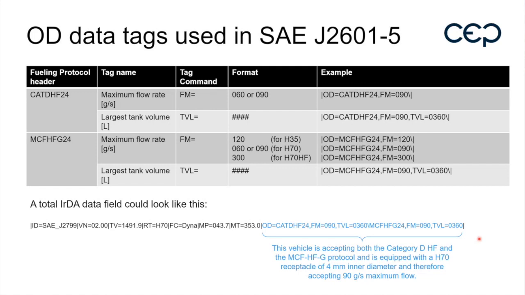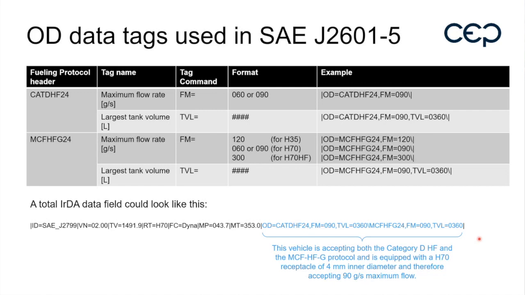And yeah, that's correct. First we talked about F300, F60, F90. And a second remark: there is, if you have a high flow nozzle, up to 300 grams per second.